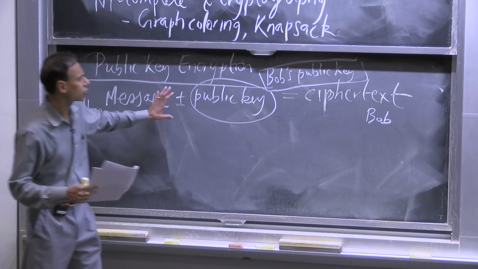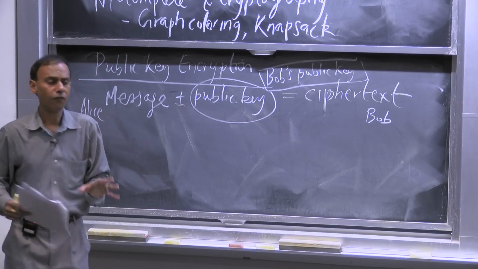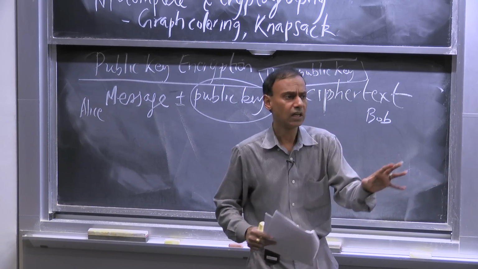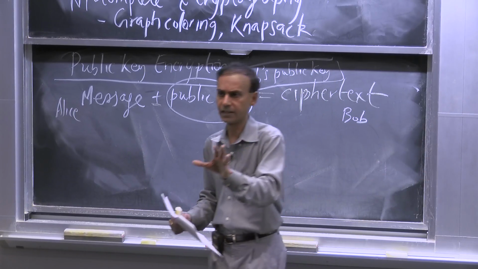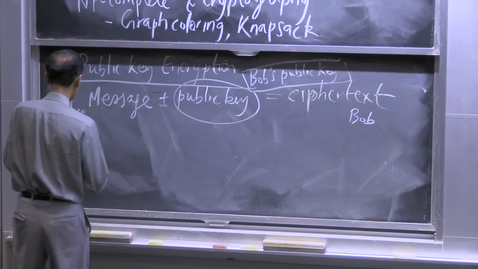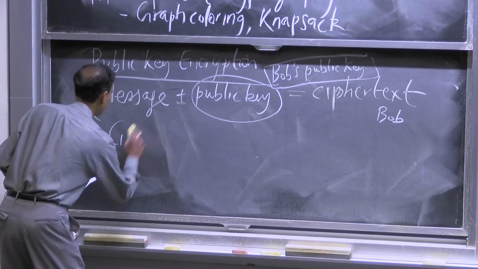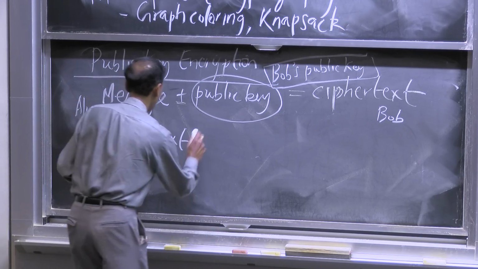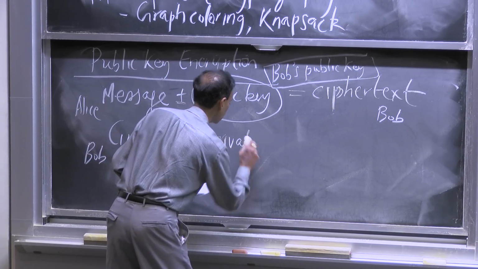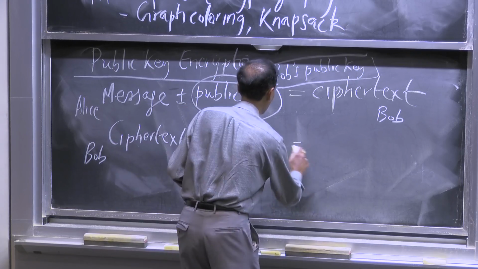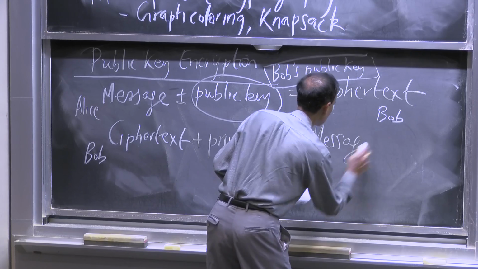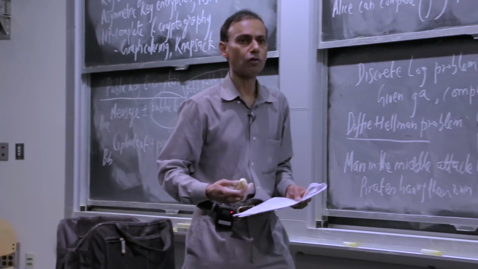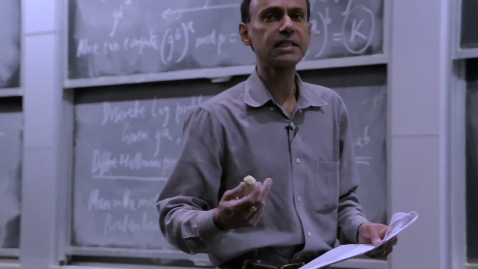I'm more interested in describing this algorithm for public key encryption. We'll look at a couple that produce a ciphertext given a message and a public key. Now, of course, what Bob needs to do is take the ciphertext, and Bob has a private key that is distinct from the public key, and needs to get back exactly the message using a decryption algorithm that corresponds to the message that Alice sent.